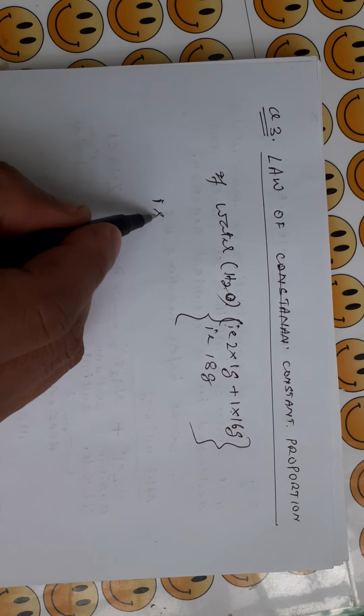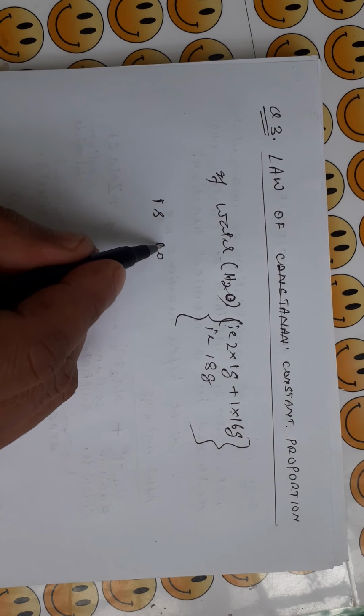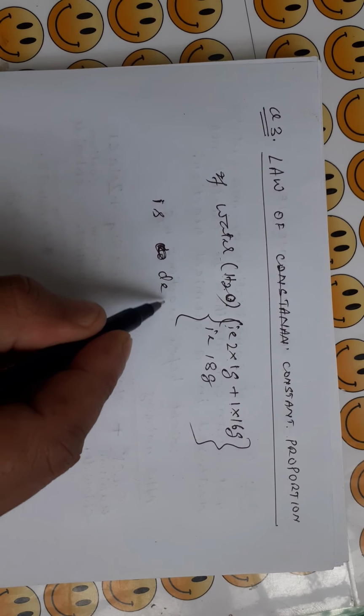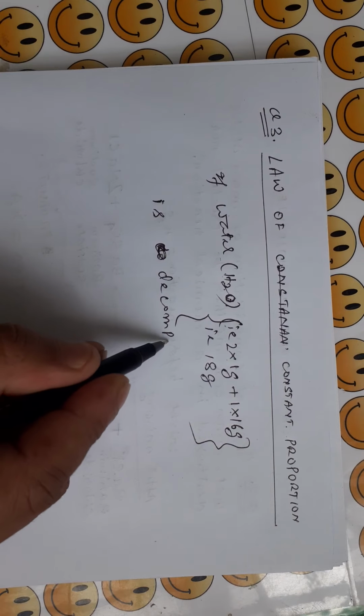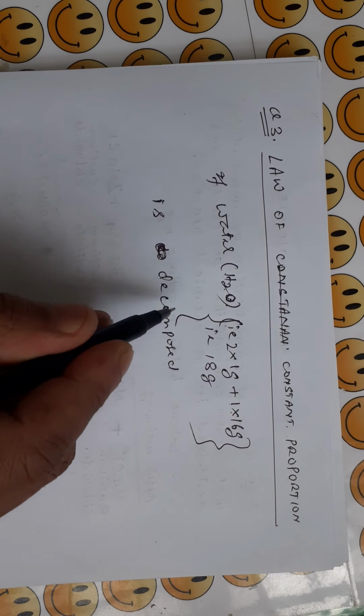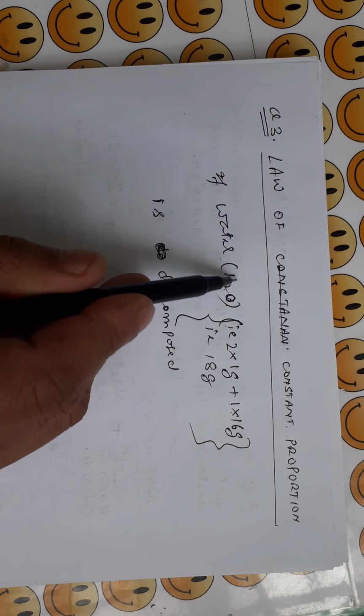If water, that is 18 gram, is decomposed, the word decomposed means broken down separately. H2 and O are combined to form water.